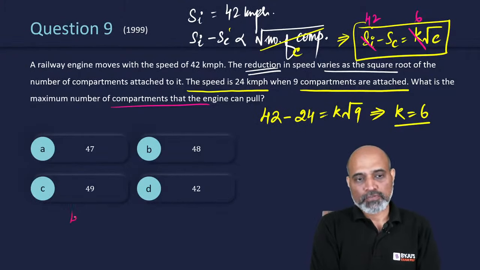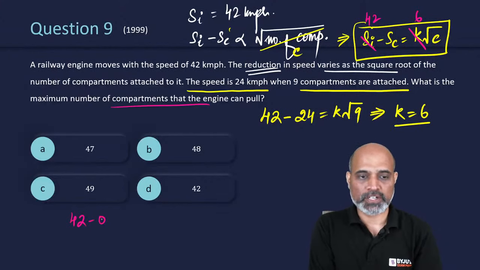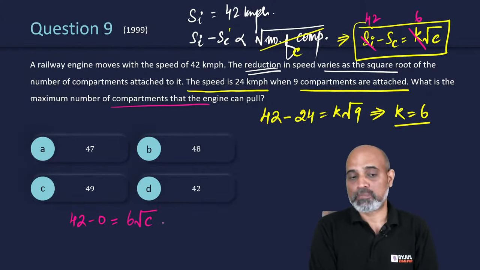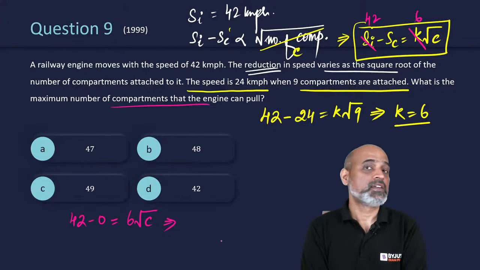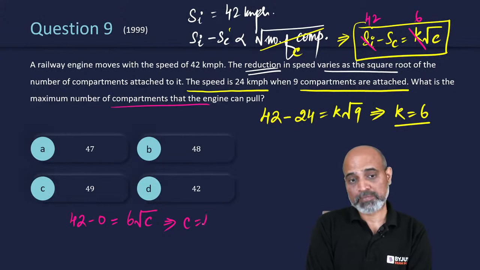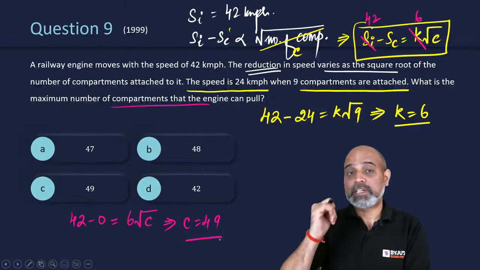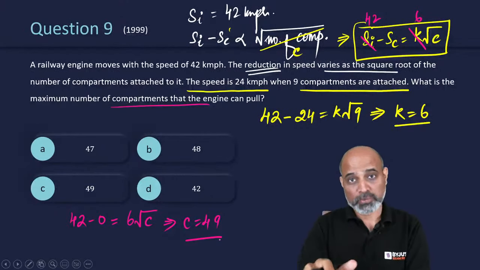So 42 minus current speed is 0, so the reduction entirely is 42. This is going to give us 6 under root number of compartments. Now if we solve this, 42 by 6 is 7. 7 ka square, so compartment will give us 49. So 49 compartments, if they are attached behind the engine, the train is not going to move.